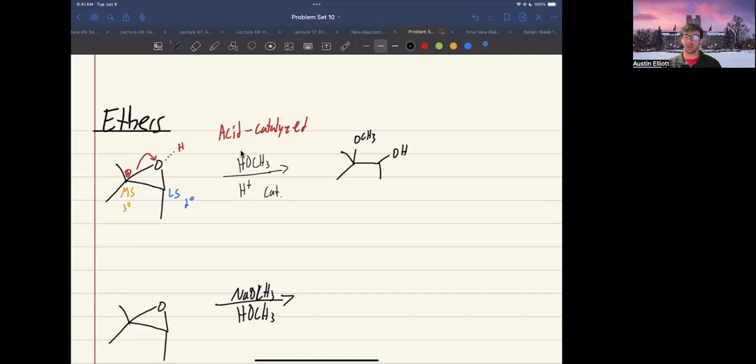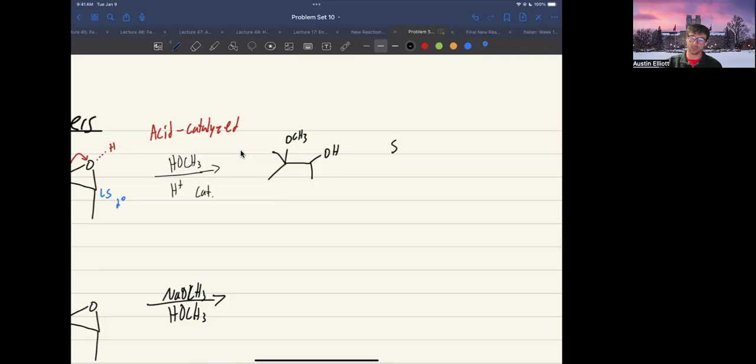And that's the acid catalyzed formation. So it's SN1 like, it's Markovnikov, and just remembering that 3 prime carbocations are more reactive than 2 prime and 1 prime and so on.